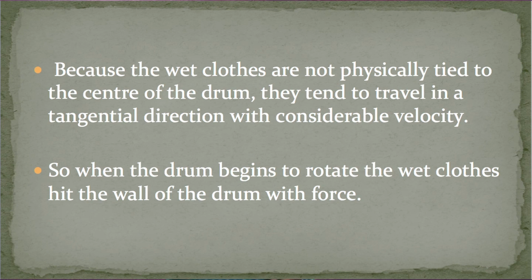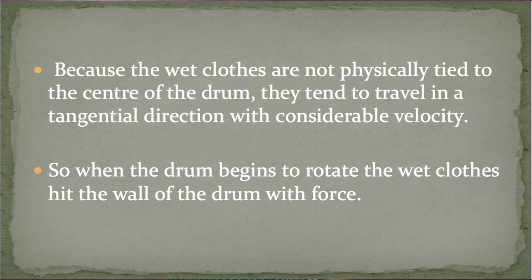Because the wet clothes are not physically tied to the center of the drum, they tend to travel in a tangential direction. Suppose I have the circular path here, so in the tangential direction it will try to move. So when the drum begins to rotate, the wet clothes hit the wall of the drum with force.